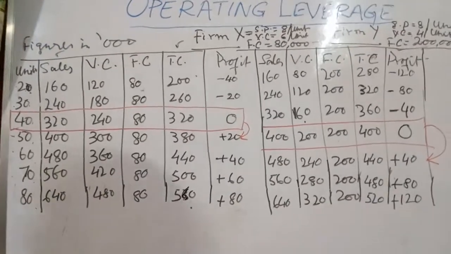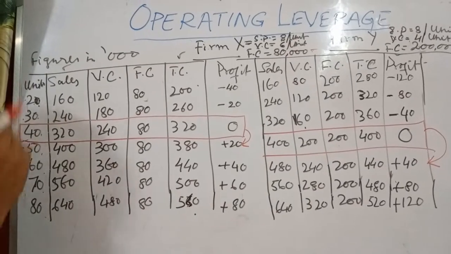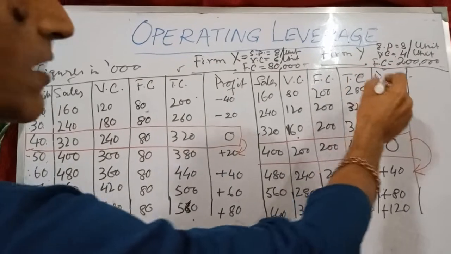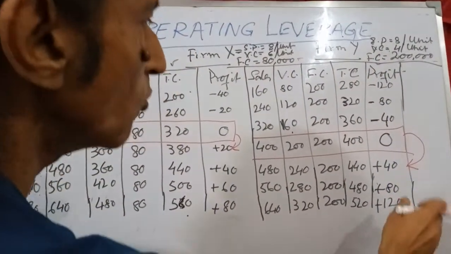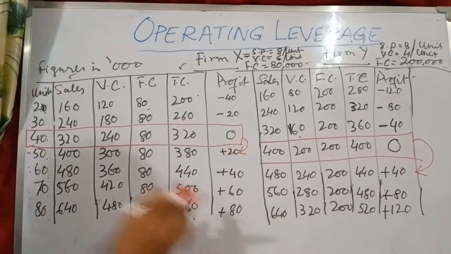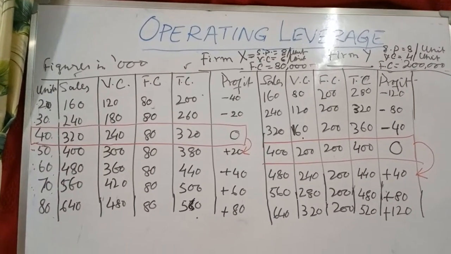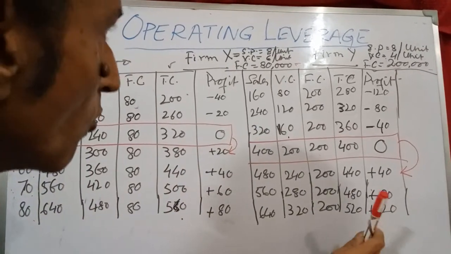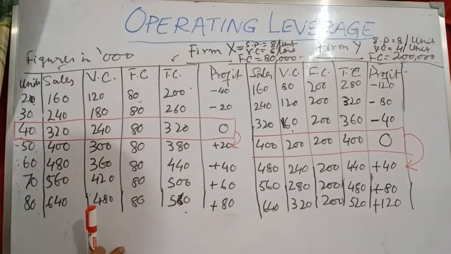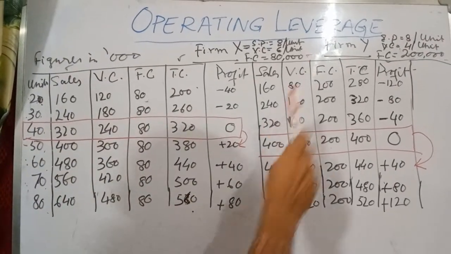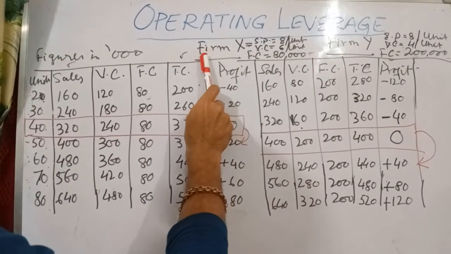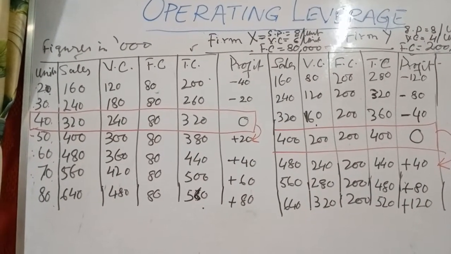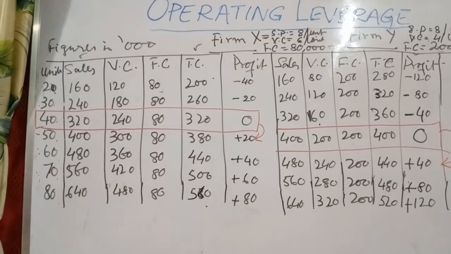For every incremental production of number of units, 60, 70, 80 and so on, firm Y is earning more and more profits compared to firm X. This means firm Y has more operating leverage than firm X. That is, DOL of firm Y is more than DOL of firm X. Right?